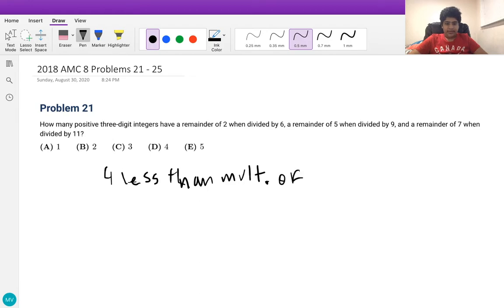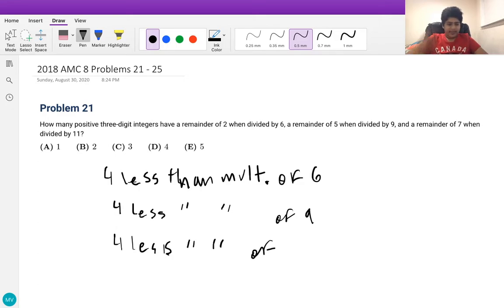Additionally, we know that 5 is 4 less than 9, so it's also 4 less than a multiple of 9. And 7 is 4 less than 11, so we also know that this is 4 less than a multiple of 11.